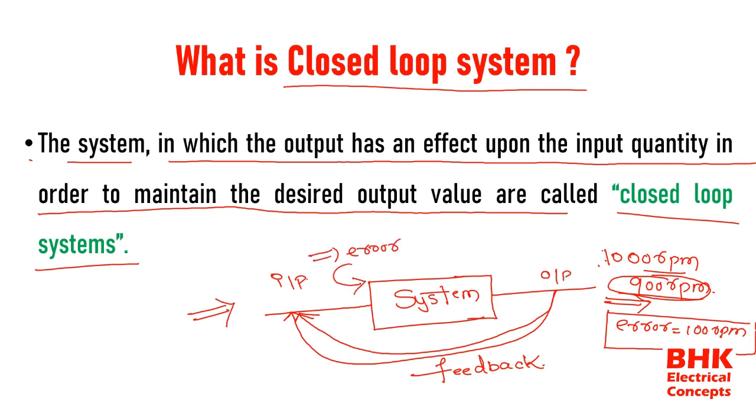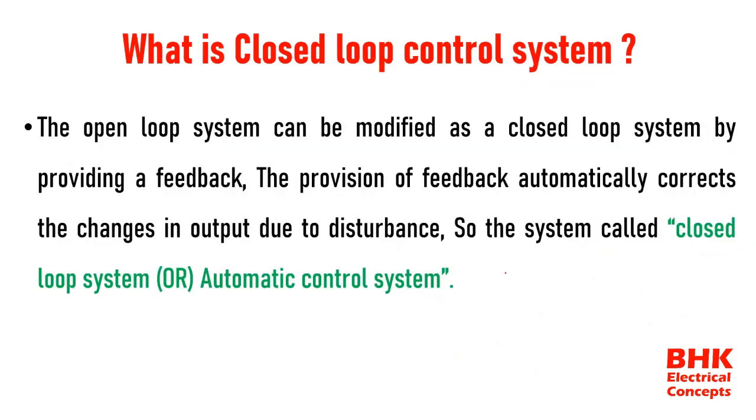This error signal we apply to the system in order to get the accurate value of 1000 rpm. So the definition of a closed loop system is that the output has an effect upon the input quantity. This type of system we call a closed loop system.